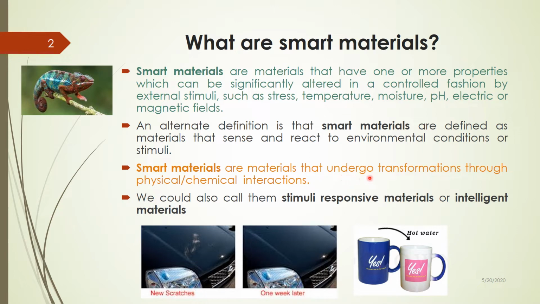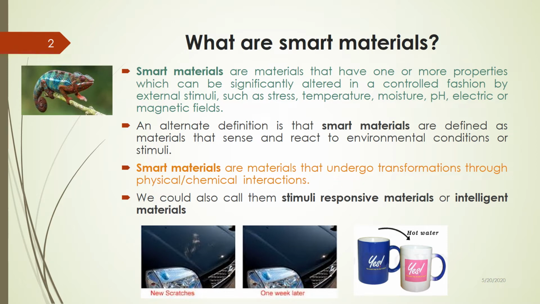And now we need to know how this transformation happens in smart materials. During a change in external stimuli, some physical or chemical interactions happen within the smart material, and these are responsible for such peculiar transformations in smart materials.